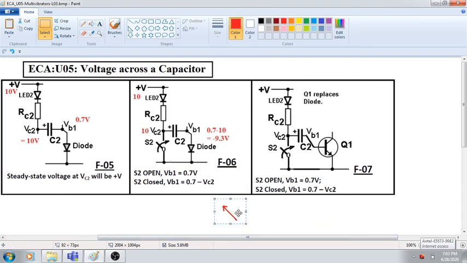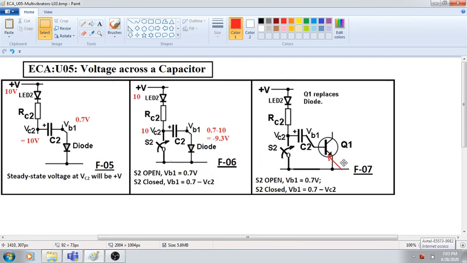Now what we will do is, the diode was kept only for understanding, to put the focus on the capacitor. If you put a transistor and other things, focus will shift from the capacitor. Our focus was on the capacitor. Now we understood what happens at the capacitor. Now we will come back to the original circuit. We simply put a transistor here.